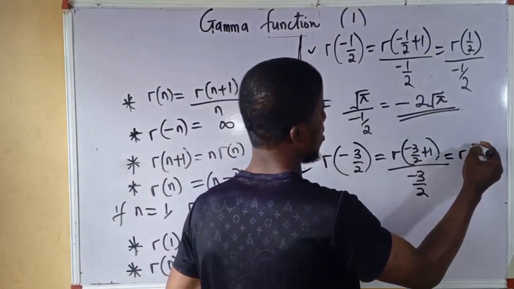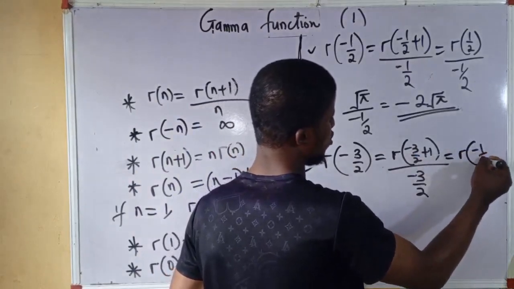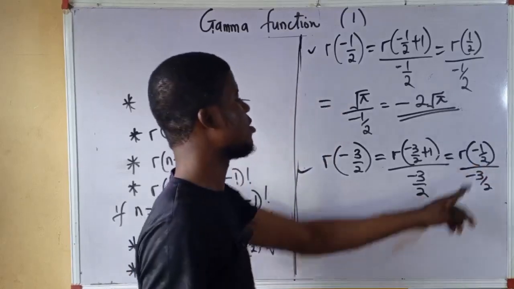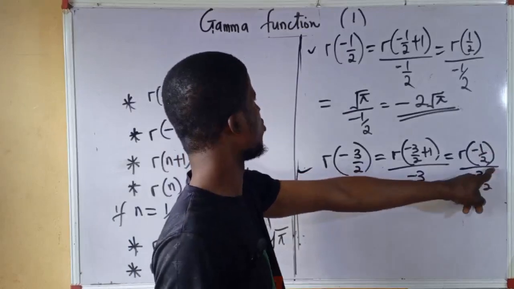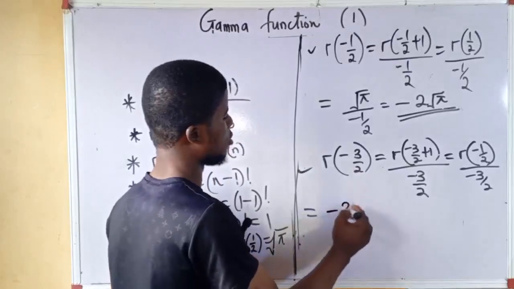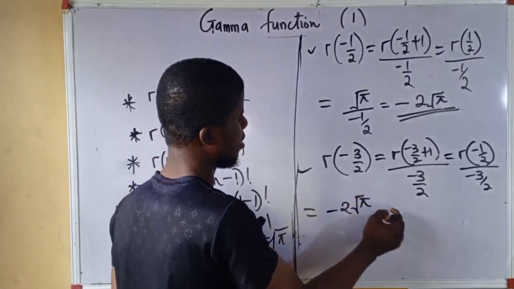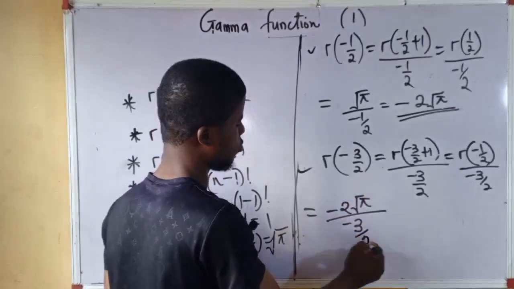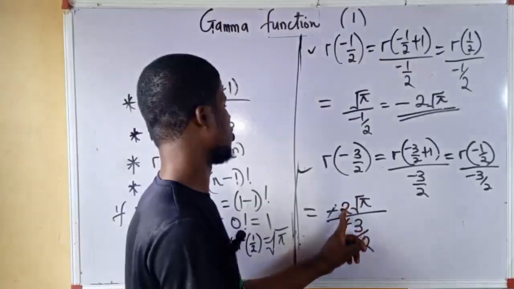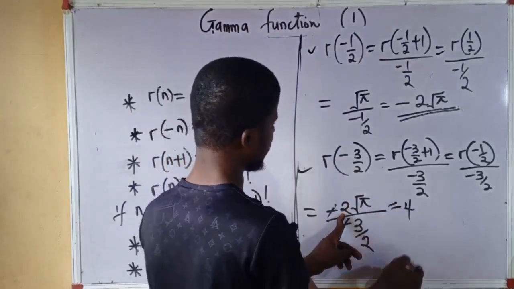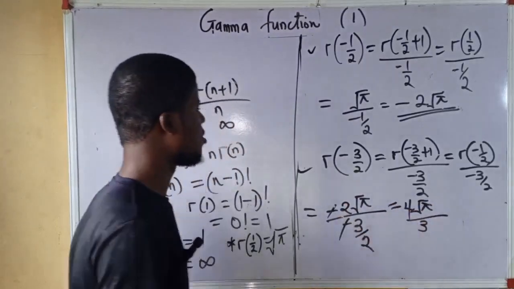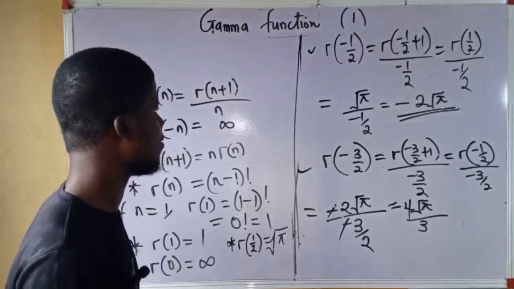That's actually gamma of minus 1 over 2 all over minus 3 over 2. And we have determined this already, gamma of minus 1 over 2, which is minus 2 root pi. So we'll be writing minus 2 root pi divided by minus 3 over 2. The minus cancels this, these two will go up. Multiply these two, we have 4 root pi all over 3. So gamma of minus 3 over 2 is 4 root pi over 3.